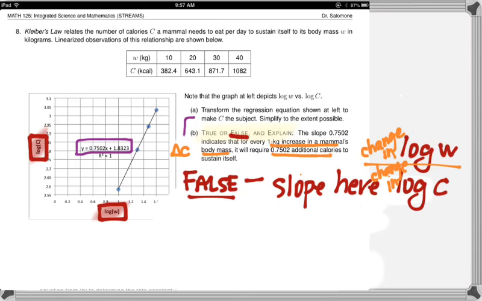Versus a change in W. Whoops, I guess that's backwards. Change in W right there, change in C there. So this is a false statement, because the slope is a measurement here of the relationship between the logs of these quantities and not between the quantities themselves.